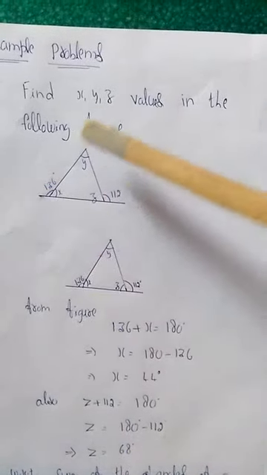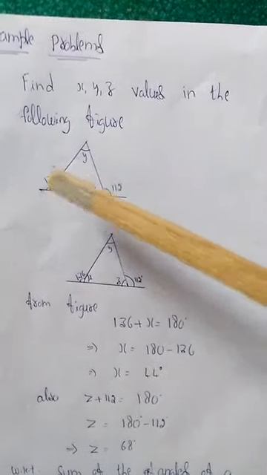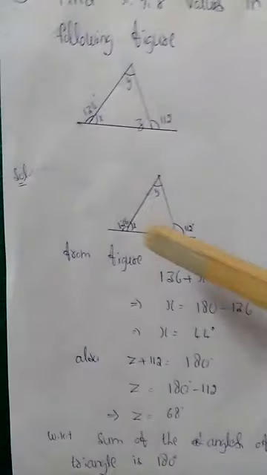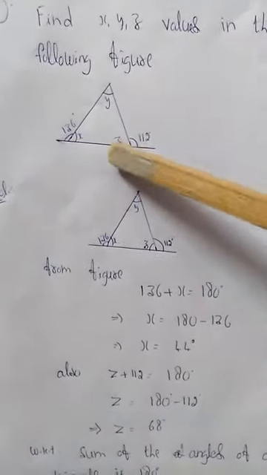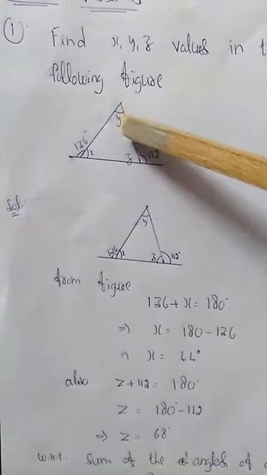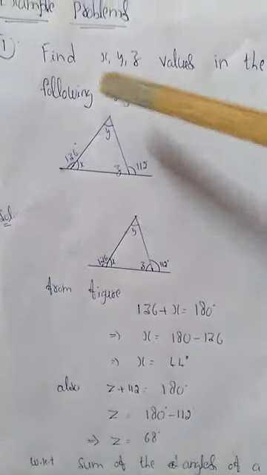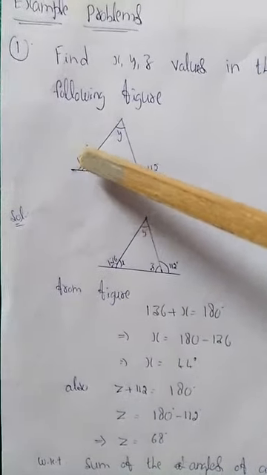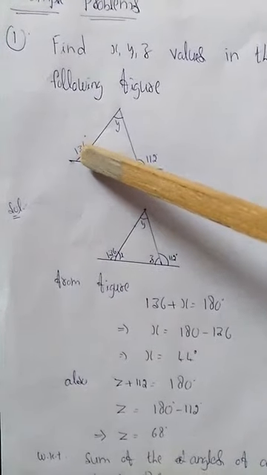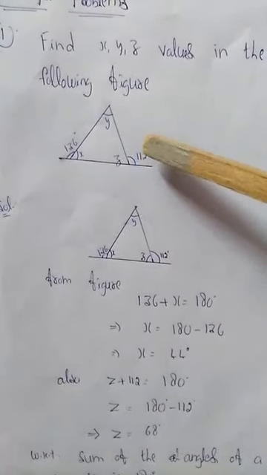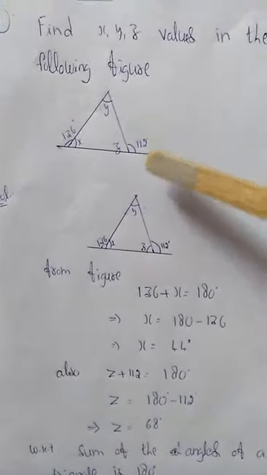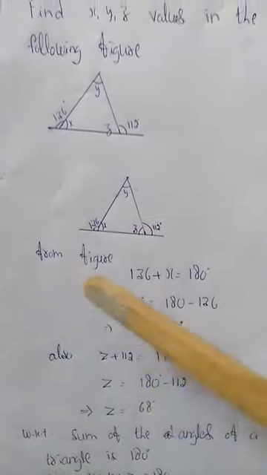See, it is a triangle. In this triangle, x, y, z are interior angles, and 136 is an exterior angle, and 112 is also an exterior angle. See the solution of this one.